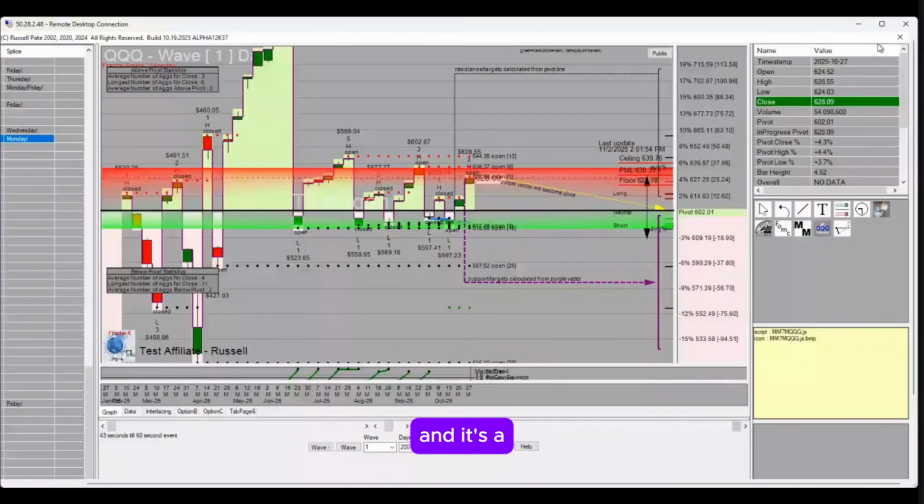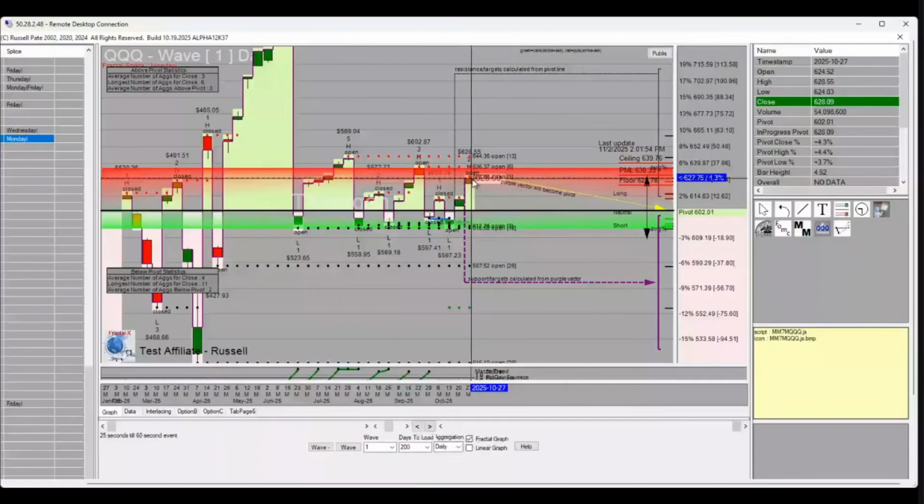It's a statistic, so like any statistic when you're trading to a statistic, it doesn't mean every time it has to play out. But the house favors a close below this 628.09 tomorrow.